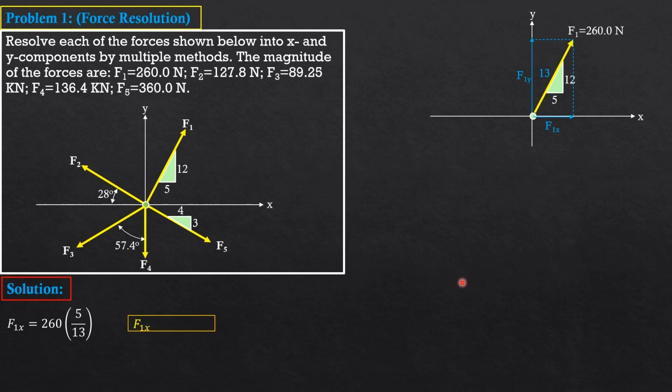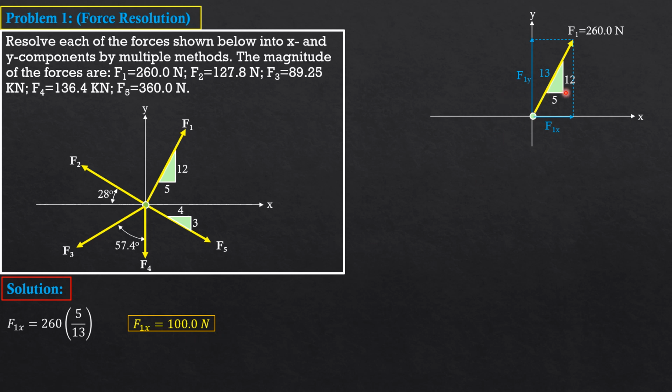The y component is also directed in the positive direction, upward direction as shown. So F1x is equal to 100.0 newtons. Then, by the way, I always report the answer to 4 significant figures, just like as shown in this problem.